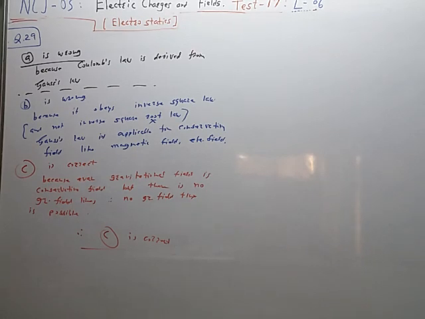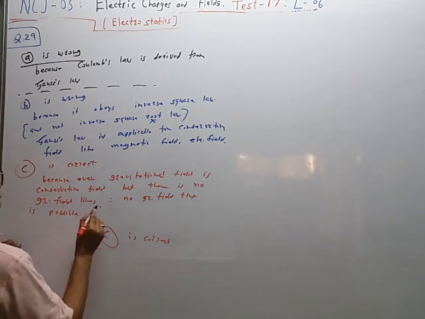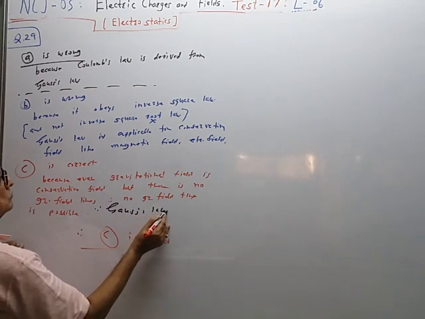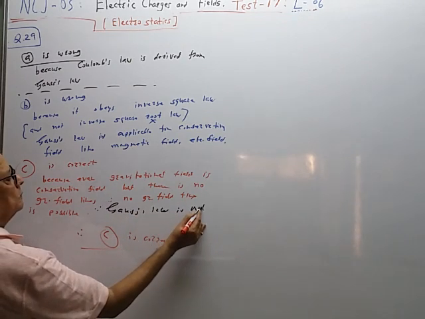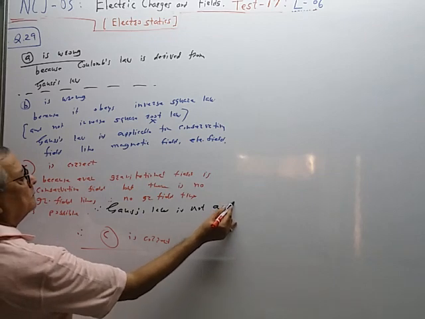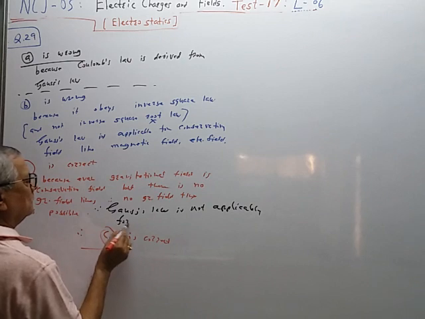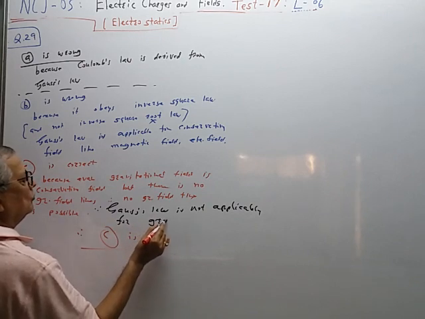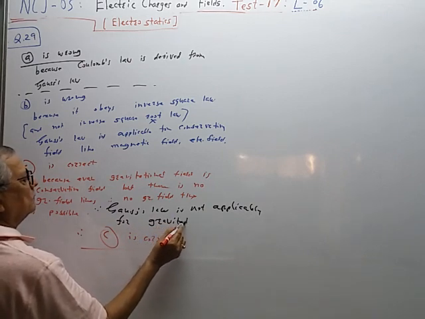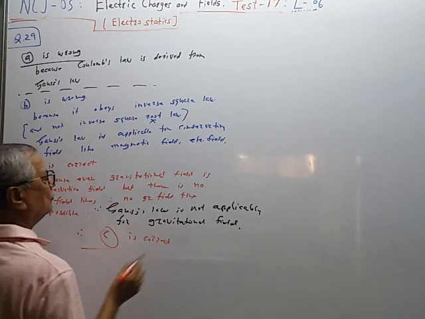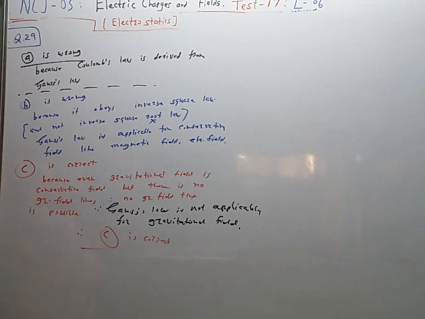So Gauss's law is not applicable for the gravitational field. Therefore, C choice is correct, like this.